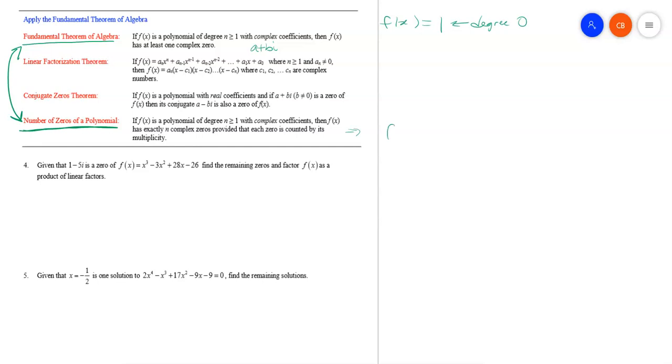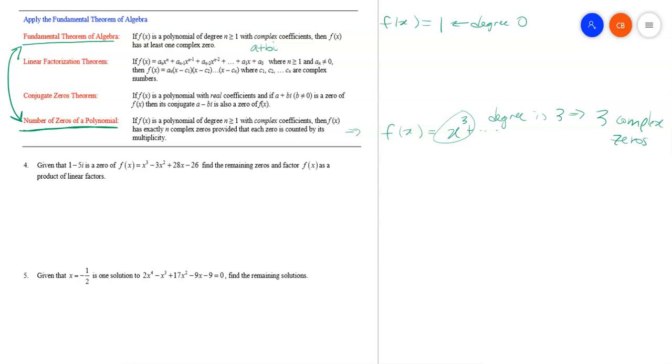So we would know, for example, if f of x is a cubic, like x cubed with some stuff, because the degree is 3, we know that there will be 3 complex zeros for this function. There cannot be less, there cannot be more. There will be exactly that many, and sometimes this is called the fundamental theorem of algebra.